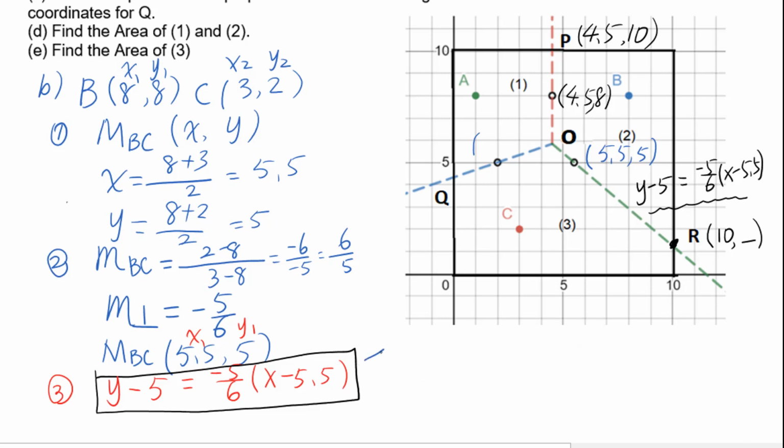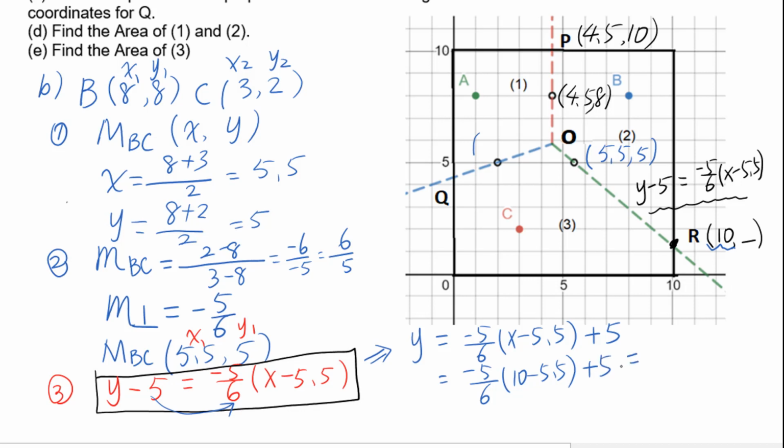We want to change this into y equals negative 5 over 6 times (x minus 5.5), then plus 5. So it's easy for us to use a graphing calculator to get this y coordinate. Then we plug this 10 in: negative 5 over 6 times (10 minus 5.5), then plus 5.